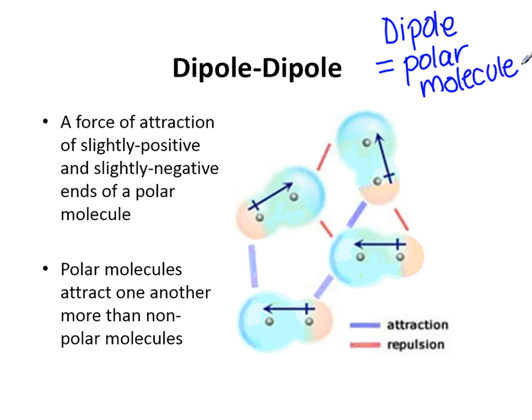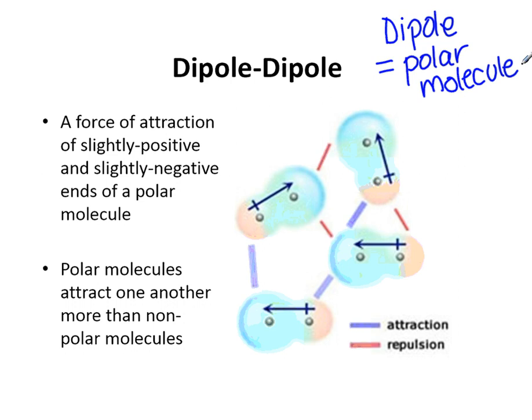So if you have an overall dipole that's left on your molecule, it's a polar molecule. That's from our last lesson on molecular polarity. So if you think back to the molecular polarity lesson, if the dipoles don't cancel out, you're going to have a leftover dipole somewhere in the molecule, and it creates that molecular dipole.